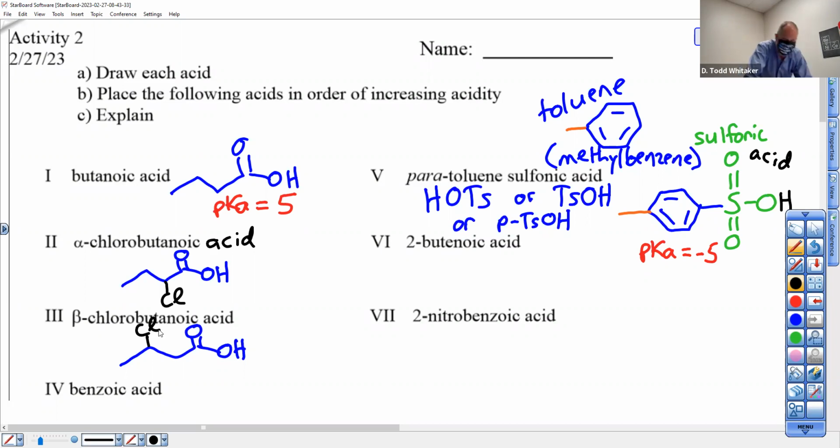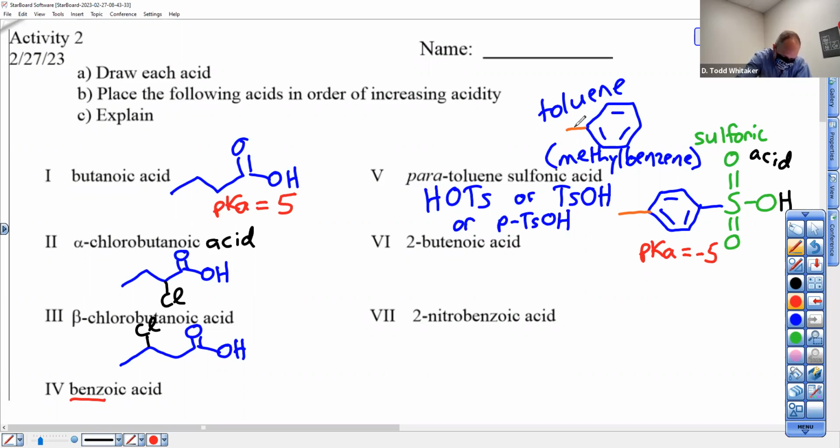Okay, benzoic. I repeat, if you see benz in a name followed by anything, you draw a phenyl and a carbon. If you see benz, B-E-N-Z, in a name, and it's followed by something other than E-N-E, if it's benzene, you just draw this, right?